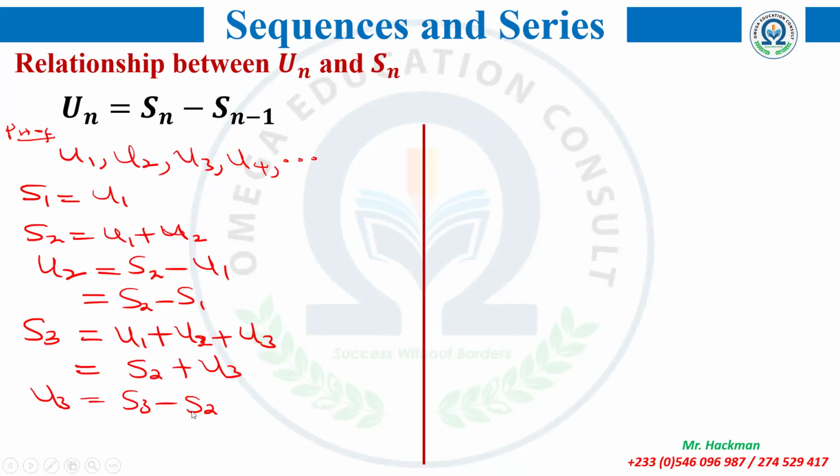Okay, great. Now one more, then we can do the general formula. Let me start with S sub 4. S sub 4 will be U sub 1 plus U sub 2 plus U sub 3 plus U sub 4. Do we agree? Yes, sir.